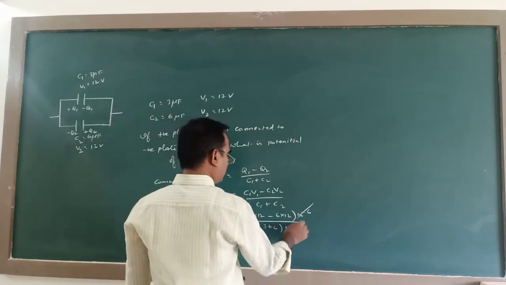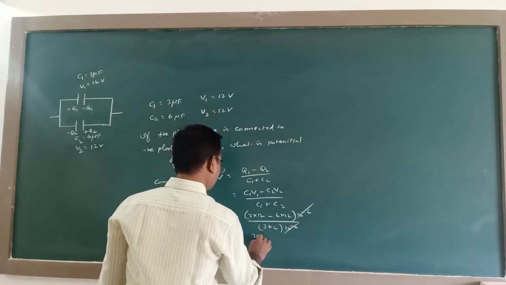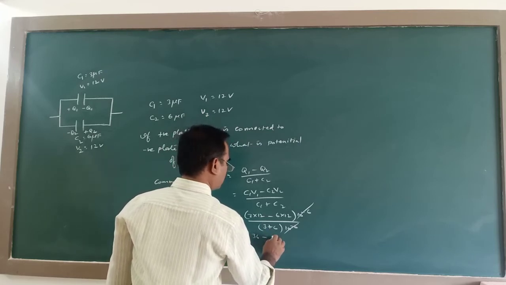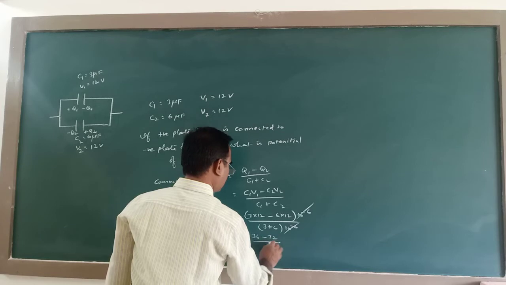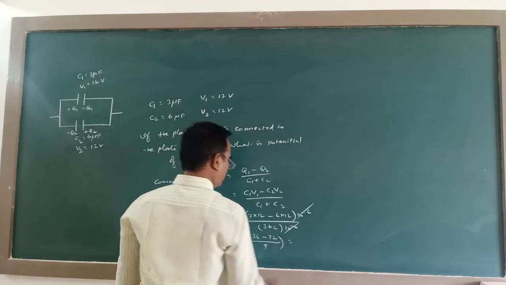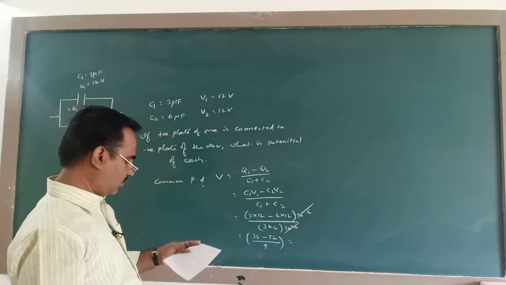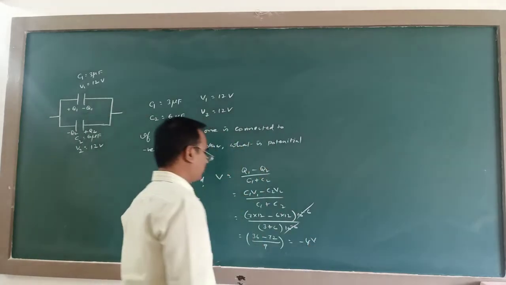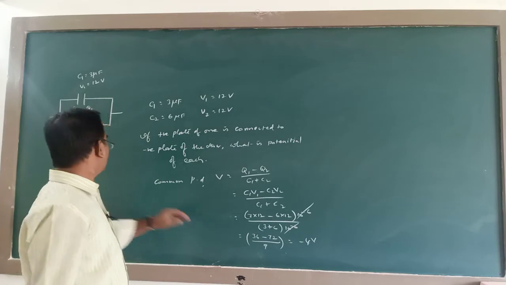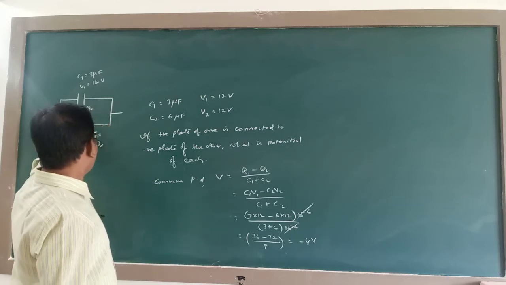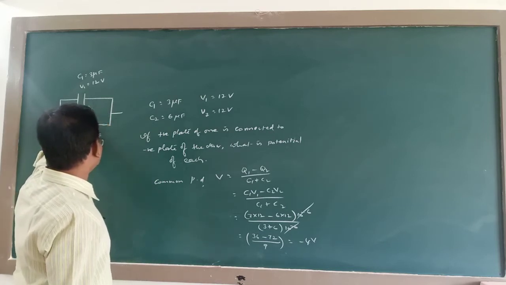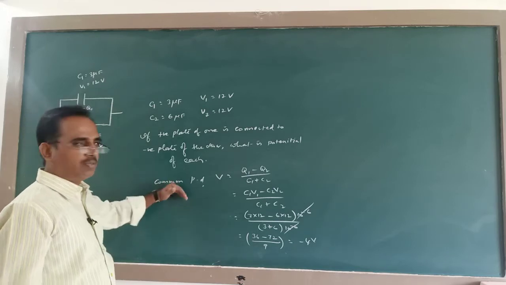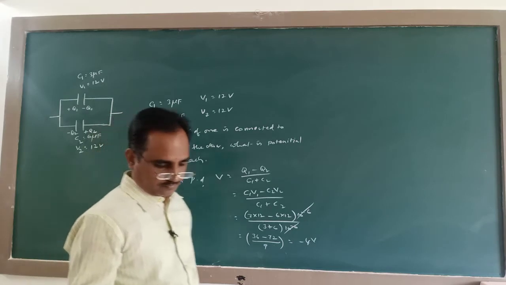So you find this value, you will get nearly minus 4 volt. This minus sign is on account of the charge on the second capacitor, it is larger compared to the charge on the first one. So this is the common potential difference.